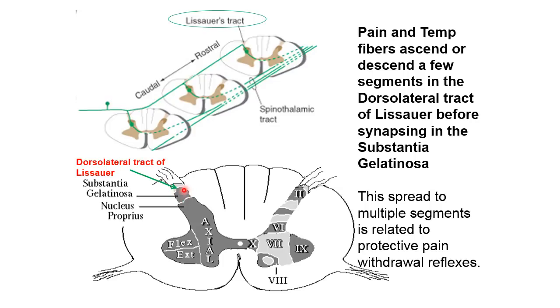The synapsing of these fibers from Lissauer's tract is in these dorsal horn layers known as substantia gelatinosa and nucleus proprius.